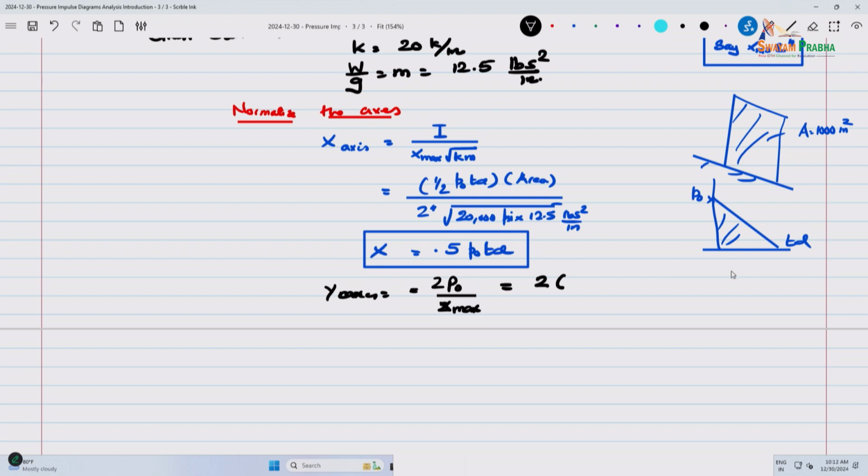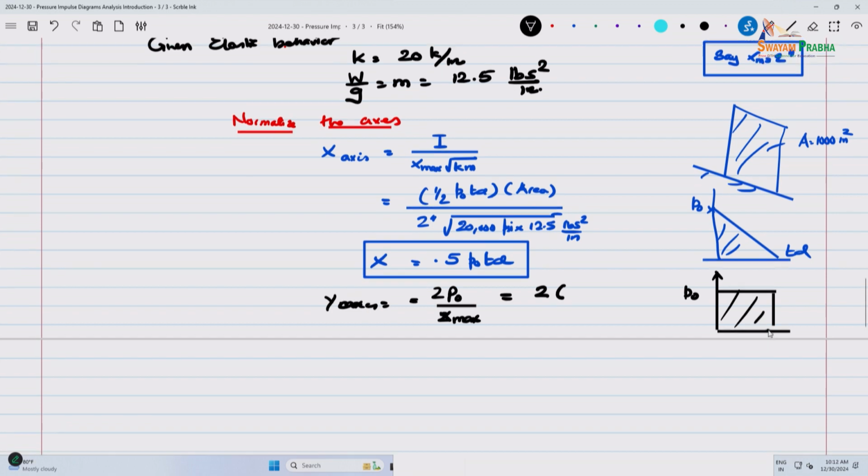Now, P naught versus x, remember, is often considered, so that is P naught versus x, not P naught versus TD. So this is P naught multiplied by the area, divided by 2 inches.